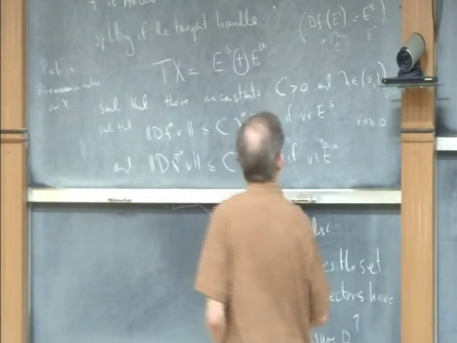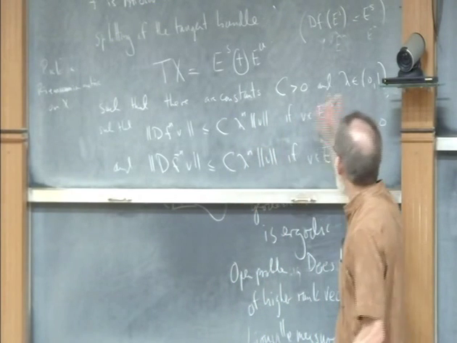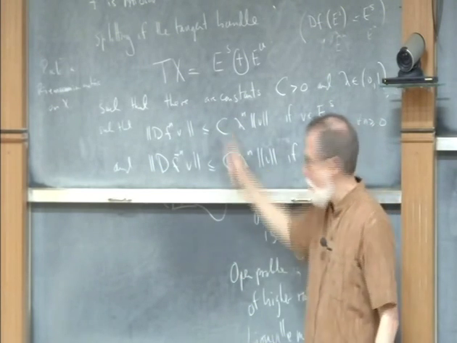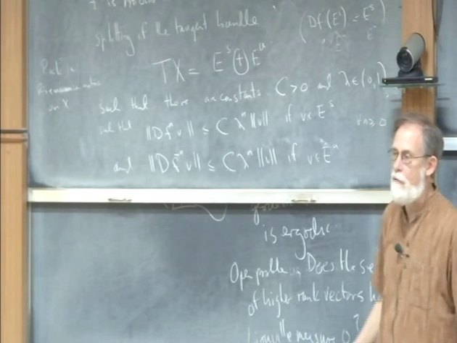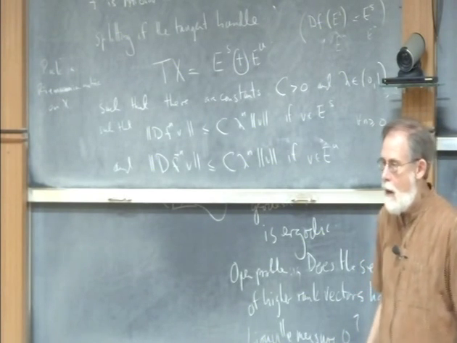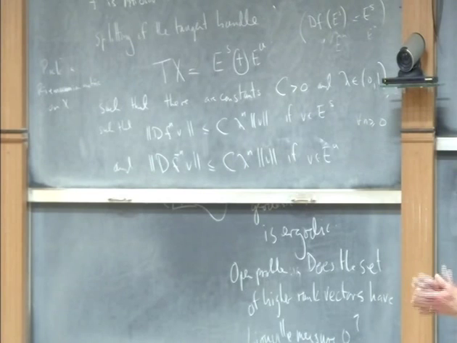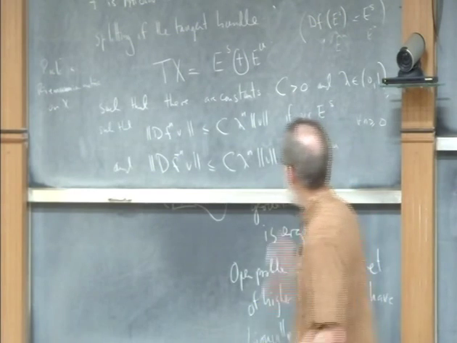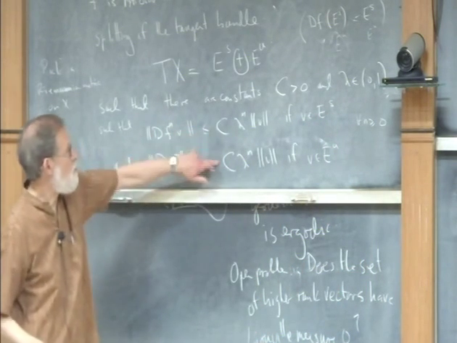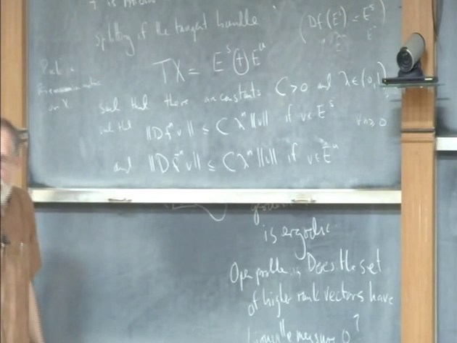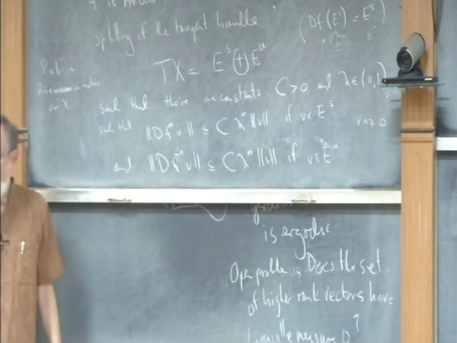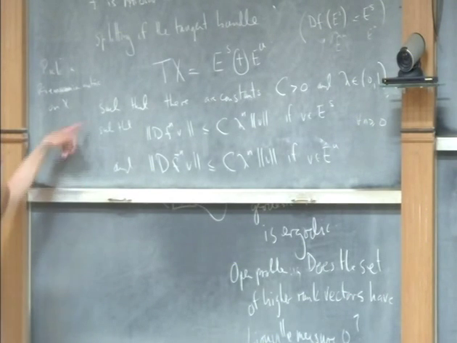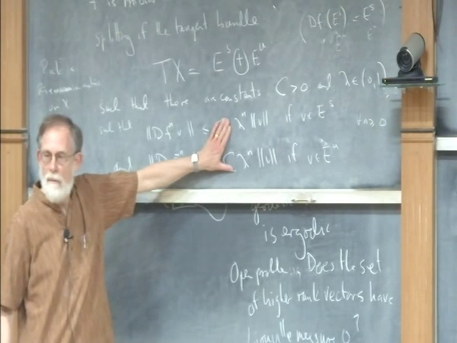But as long as I make lambda just a little bit bigger than it used to be, and pick C big enough, it will still work for a different metric. It's also possible to reformulate this definition so that I can arrange for C to be equal to 1. And if you're actually doing calculations, it's often convenient to say, let's assume we've chosen the metric for which we have C equals 1.